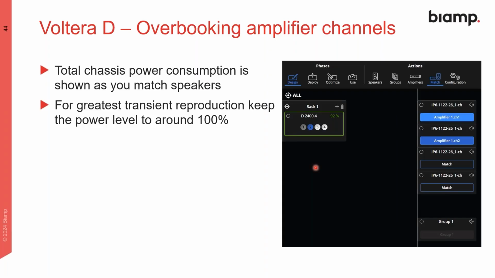For greatest transient response, for those situations where the system is actually doing live music with real instruments, real mics, and all that good stuff, and we want to maintain that full dynamic range and transient capability across all channels, keep this power level close to 100%.